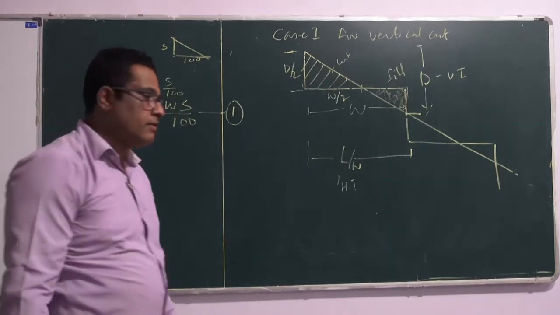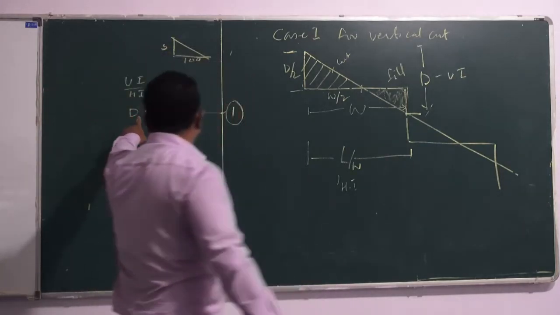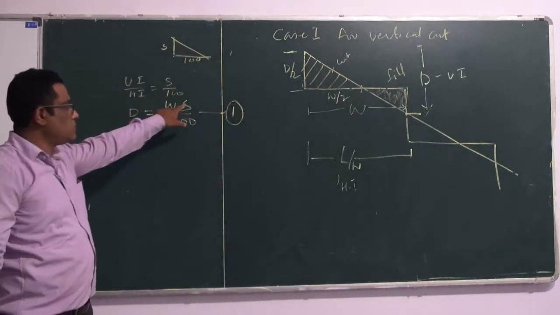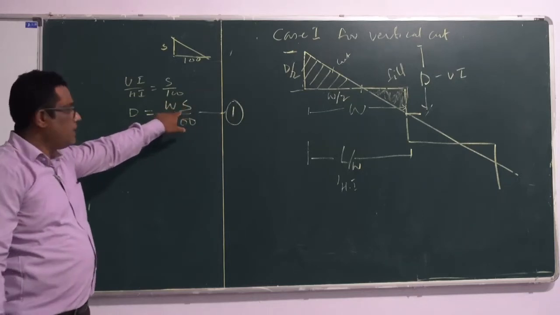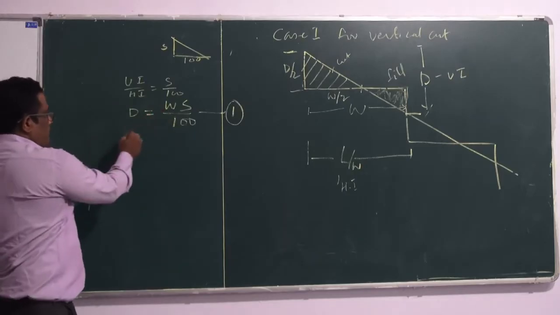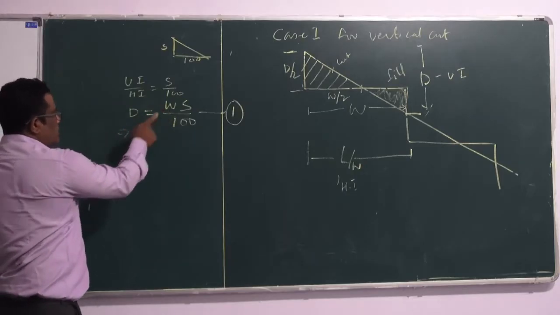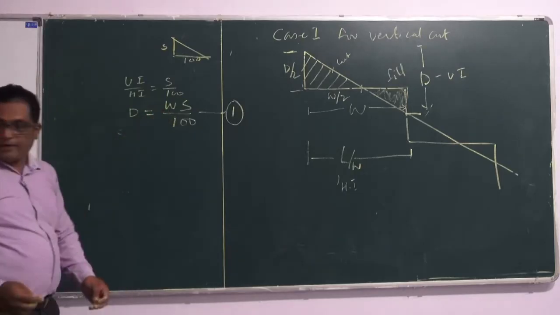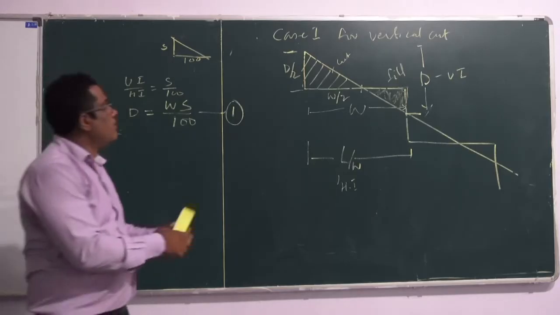Okay. So for a vertical cut, the depth of cut will be W into slope divided by 100. Similarly, we can find W through this equation. Right.